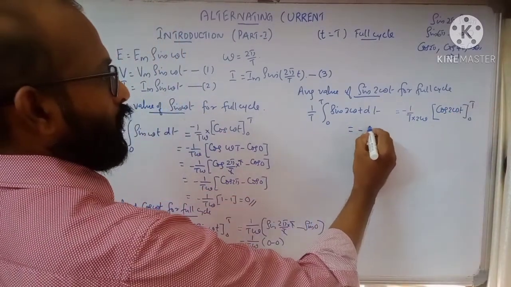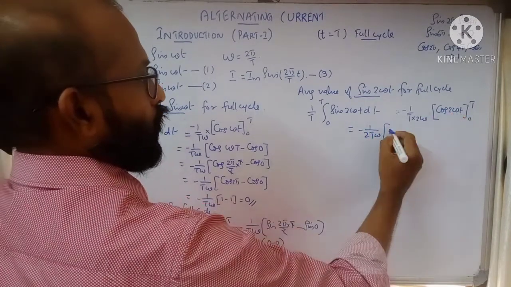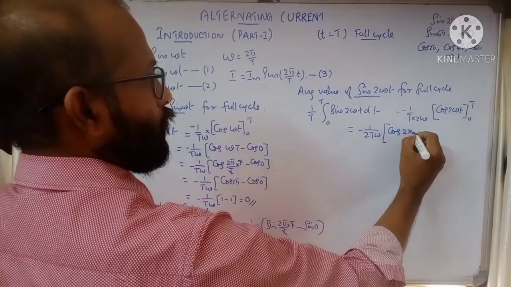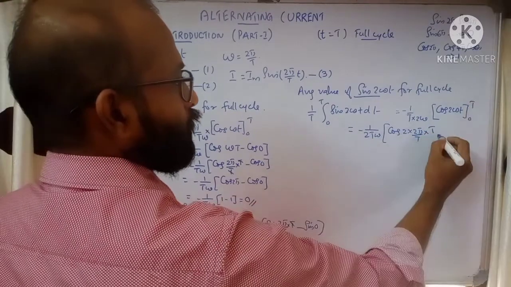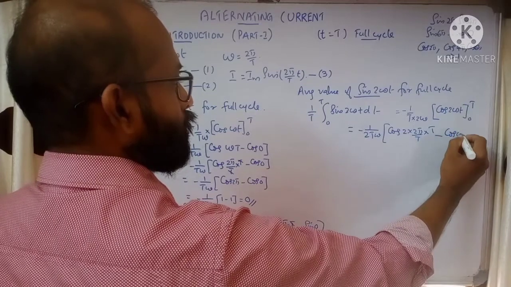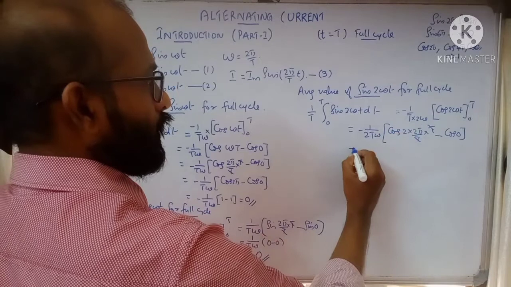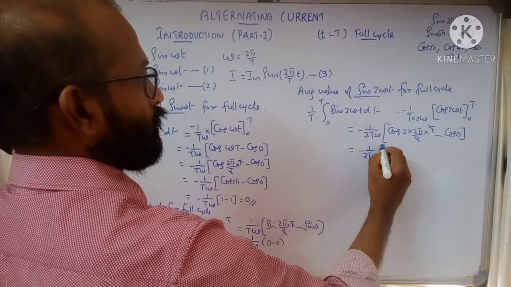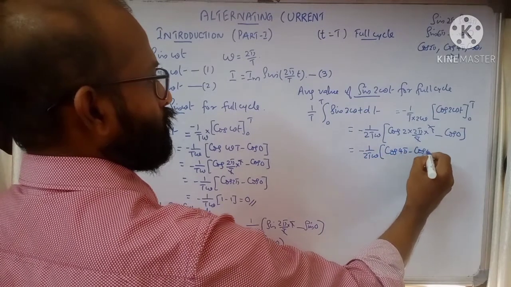Now we have minus 1 by 2 T omega into cos 2 into omega, where omega is 2 pi by T, into capital T, the upper limit, minus the lower limit 0, so cos 0. Now T cancels. We will get cos 4 pi minus cos 0.